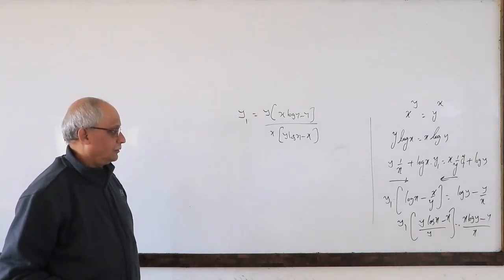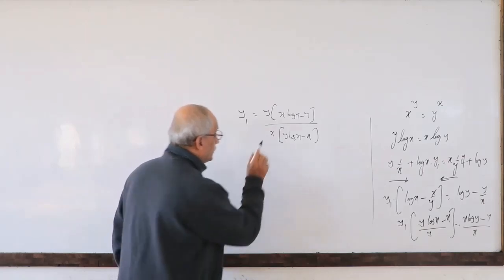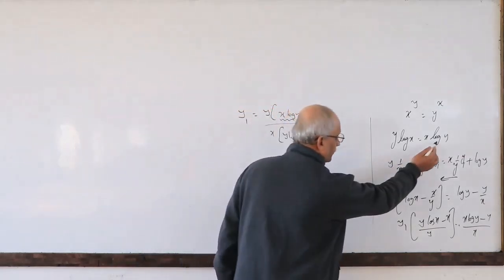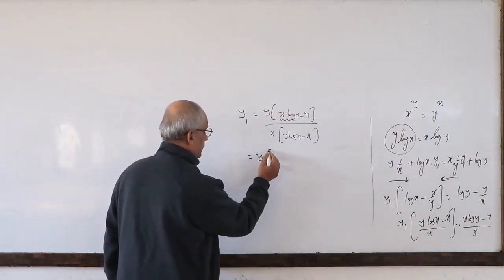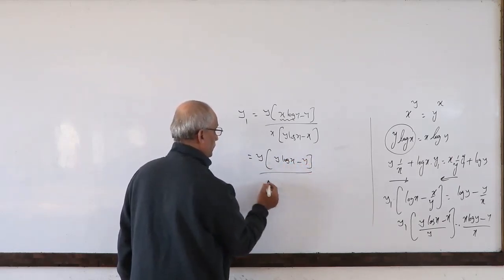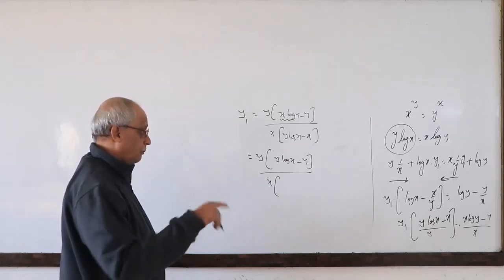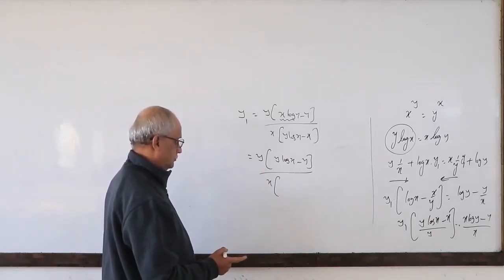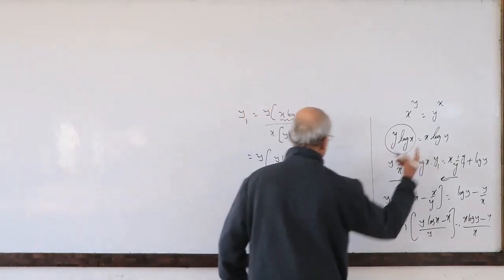Three answers I will show you. In the place of x log y, I will write y log x. In the place of y log x, I will write x log y.